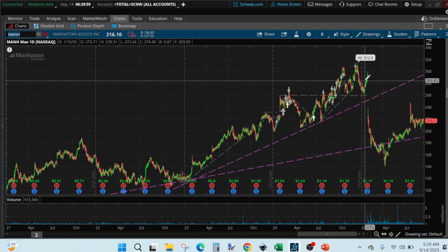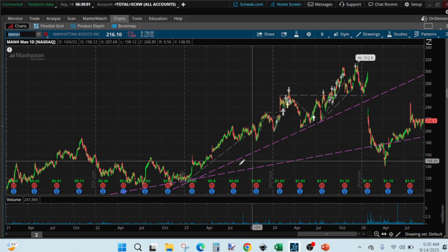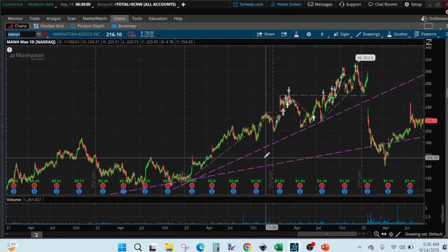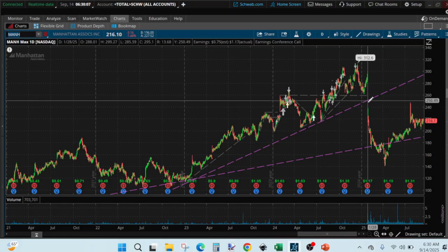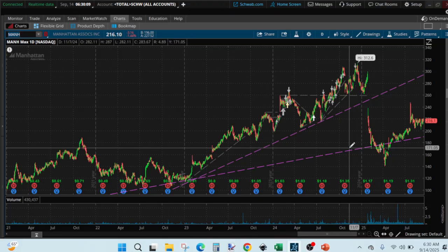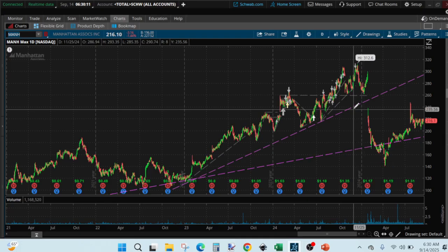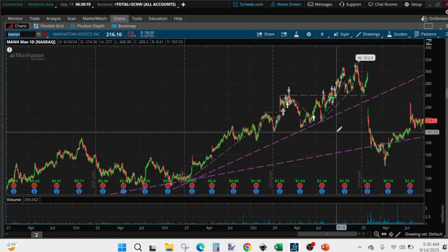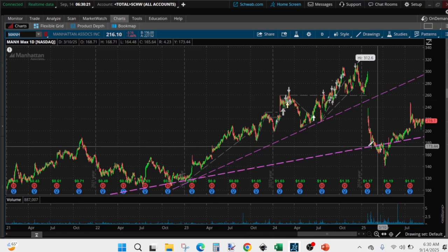So MANH is making a wide mountain, went up and pulled back all the way down to this valley line. You can see compared to the previous one we just analyzed, even though it touched base with this line for maybe 2 years or so, it pulled back to this one.